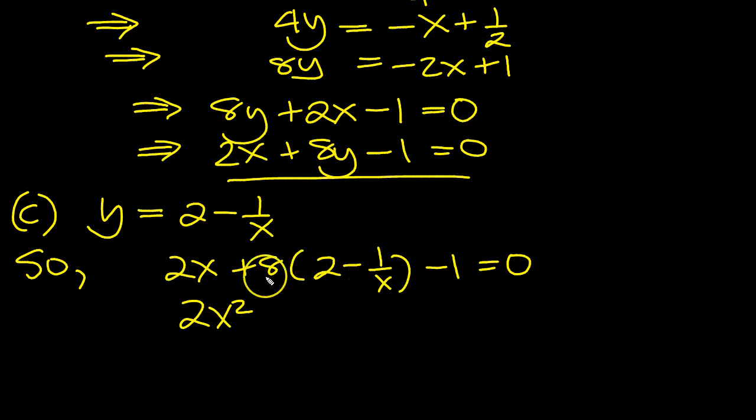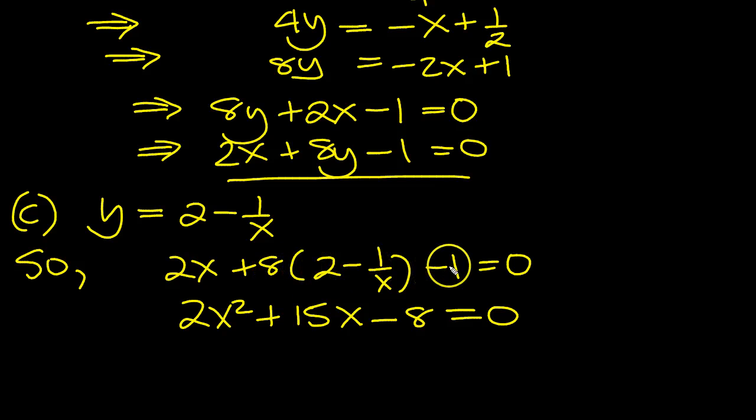Here we've got 16 as a number, minus 1 is 15, so that'll be 15x. Then we've got minus 8 over x, which is just minus 8. So I did about 3 things in one there, because for 2x squared, I've multiplied all the way through by x, it's everything. The number is 16 minus 1 is 15, times that by x is 15x, and this is minus 8 over x, times that by x you get minus 8. So there's our quadratic then.